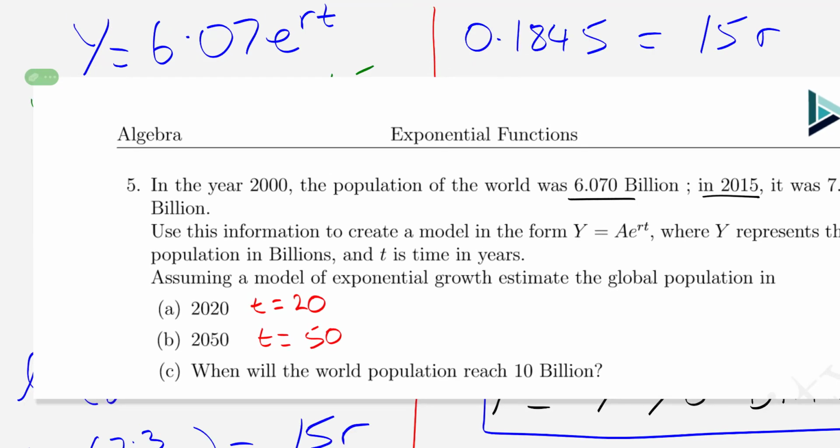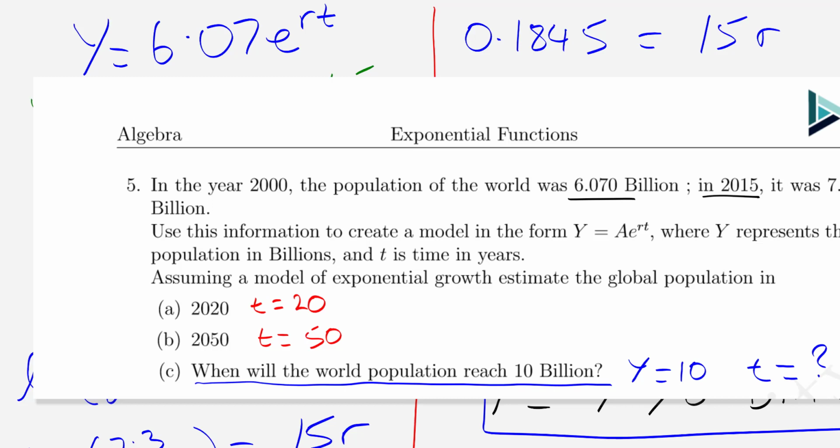Okay, what about part C here? When will the world population reach 10 billion? In that case, we know that y is going to be 10 for 10 billion, and we have to solve for t this time. We don't know what t is.